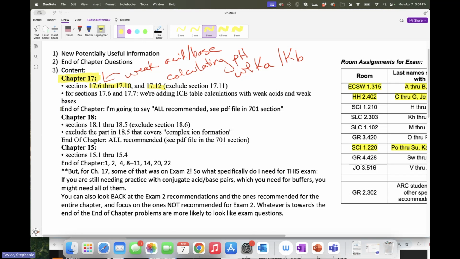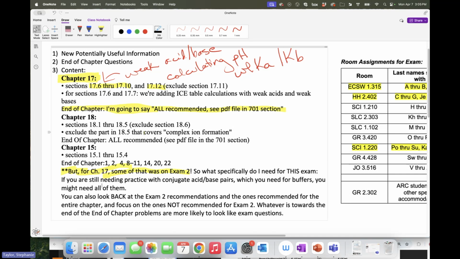For the end of chapter questions for 17, my recommendation, I'm just going to say all of them. This is because, by the way, I know for chapter 17, some of that was on exam 2. So some people are like, but what about specifically for this exam? The thing is, y'all still need to know how to go in between Ka and Kb. Y'all still need to be able to recognize conjugate acids and bases. A lot of y'all still need to have memorized your strong acids and your strong bases.